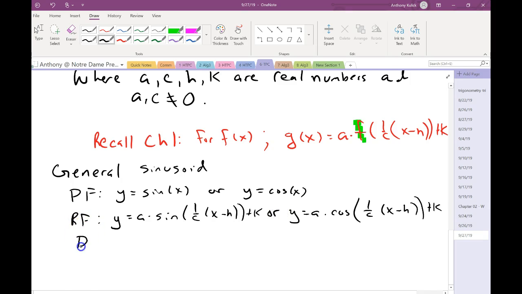In either case, the domain is going to be all real numbers, because if we perform a transformation to something whose domain is all real numbers, if I shift it left or right, that's not going to change the domain. Or I shift up and down, that doesn't change the domain.